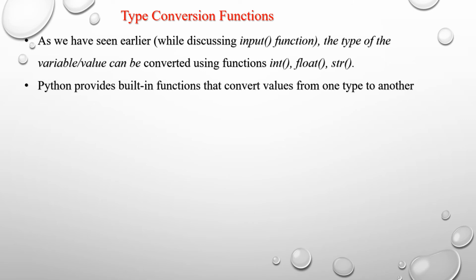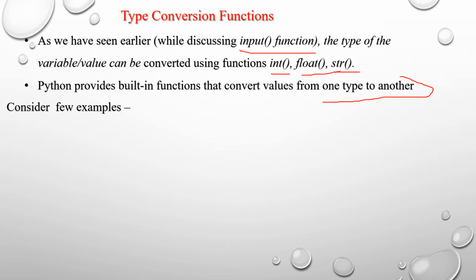After knowing some built-in functions in Python, now we will see type conversion functions. As we have seen earlier while discussing the input function, the type of a variable or value can be converted by using the functions int parenthesis, float parenthesis and str parenthesis. Python provides built-in functions that convert values from one type to another.